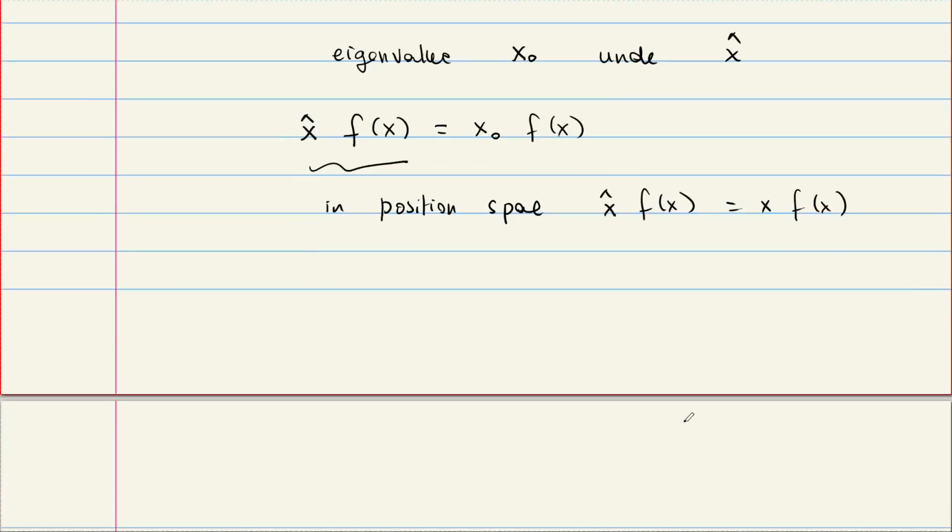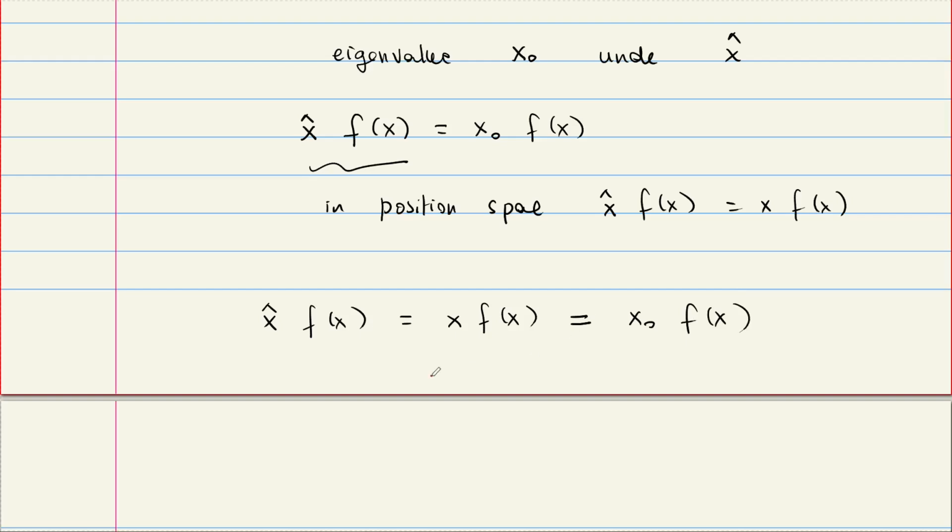Then we need to think about a weird equation like this. I mean, it is simple, but making sense of it is weird, at least for me. Operator x acting on f, so this is x f of x, and this should be equal to x naught f of x, right? Because that's the eigenvalue I am looking for.